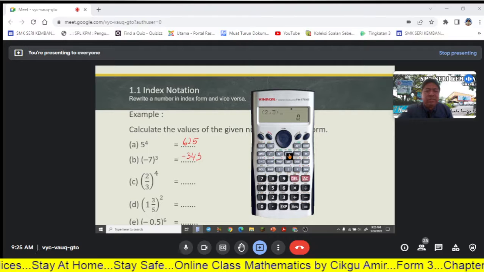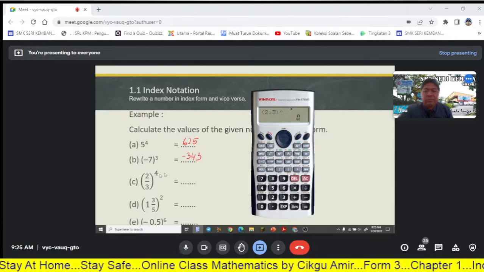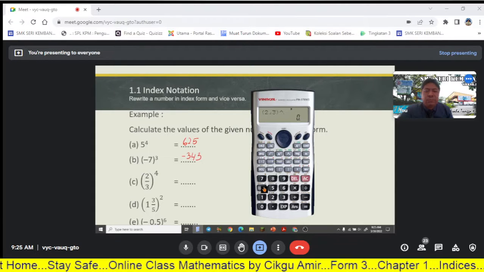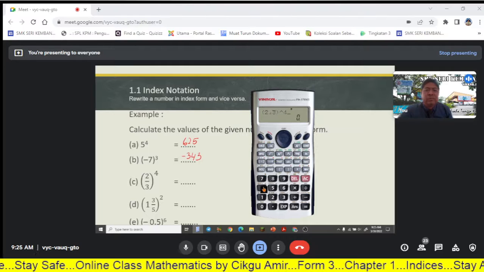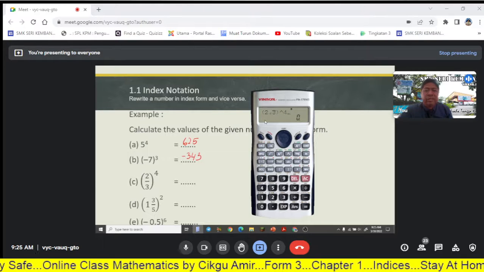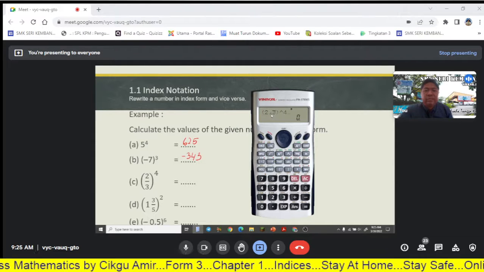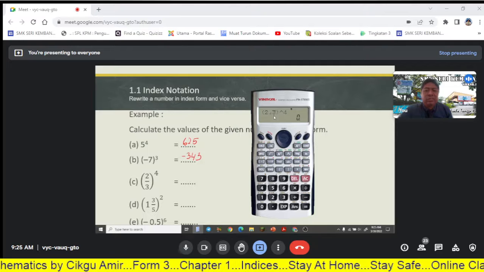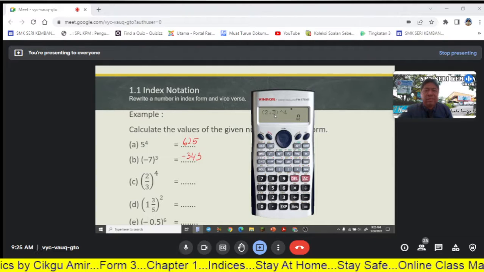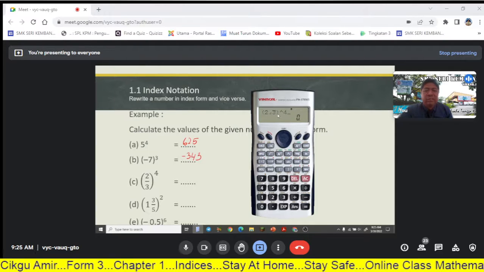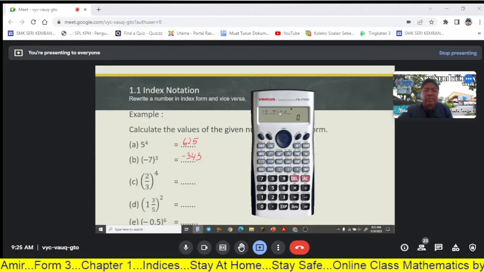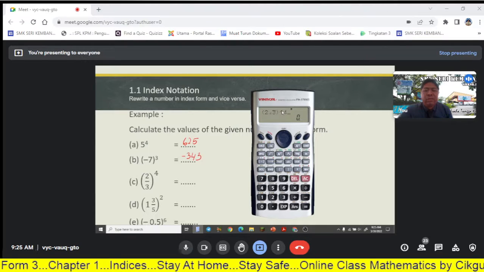Arrow symbol, to the power of 4. Open bracket, number 2, a b/c, 3, close your bracket, to the power of 4.